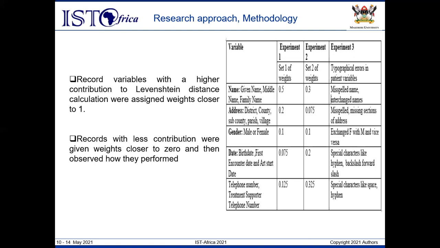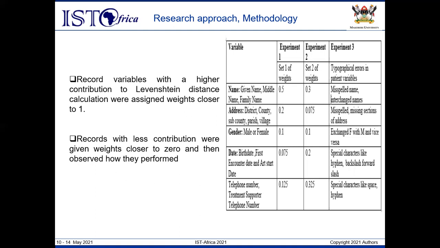So from the table you see on the right side, we have different patient variables, and then the experiments 1, 2, and 3, and the sets of variables that we use for each of the experiments 1 and 2, and then the different typographical errors, the misspelled names, the interchanged names, because we are mindful that the order in which the patient gave their names in the previous visit to the hospital may not be the same order in which they are giving their names.